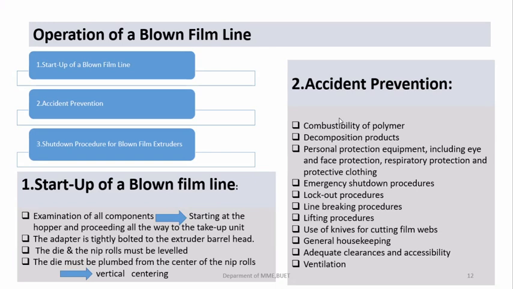We have to take safety measures before we start the blown film line. These include combustibility of polymer, decomposition of products, personal protection equipment, emergency shutdown procedure, lockout procedure, line breaking procedures, lifting procedures, use of knives for cutting film webs, general housekeeping, adequate clearance and accessibility, and ventilation.